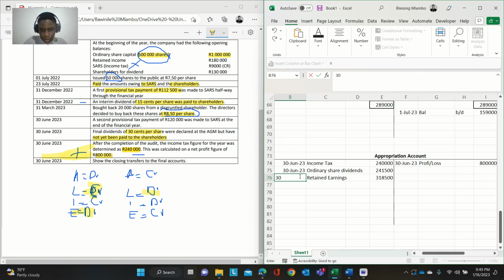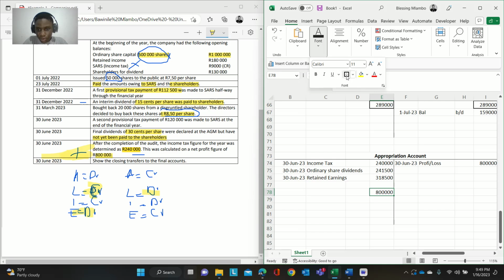This one is the 30th of June 2023. So the retained earnings account won't have any opening or closing balance, right? You just take the profit for the year.